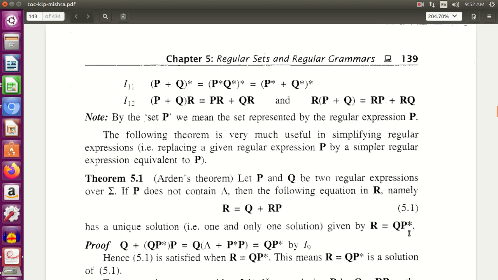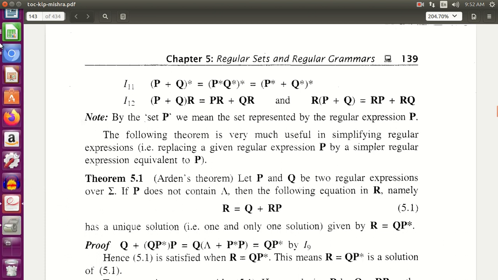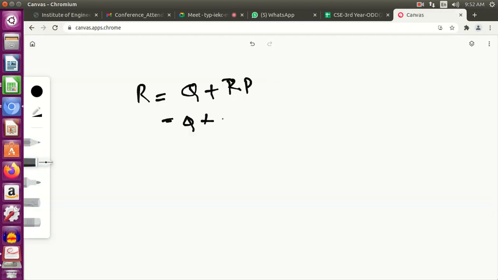R is equal to QP star. This is the solution which Arden's theorem says R should have. So I just put QP star over here, and P would remain the same.